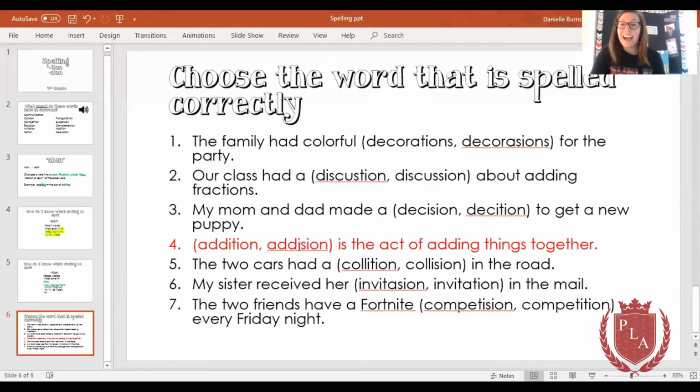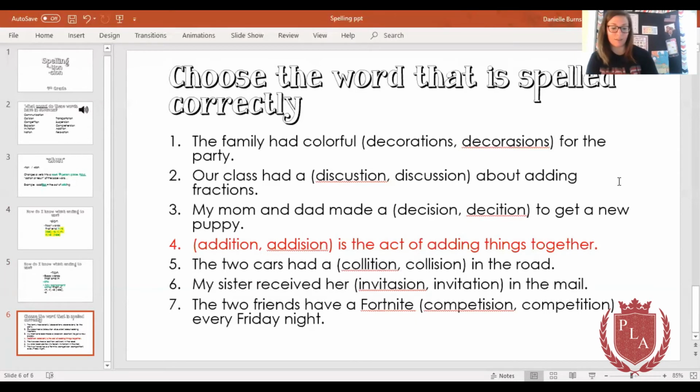Okay, let's practice some sentences together. Let me move the screen a little bit. We want to find out which word is spelled correctly in the sentence, okay? Number one, the family had colorful decorations for the party. Stop and think, what's the base word for decorations? Decorate. How do you spell decorate?